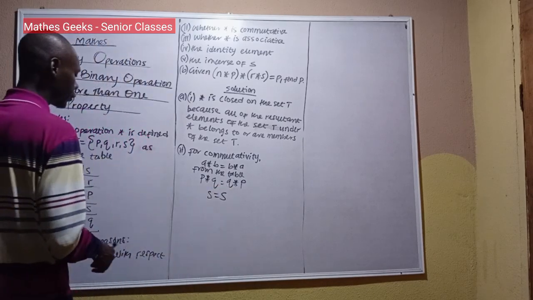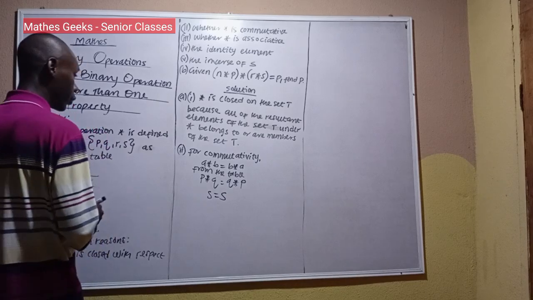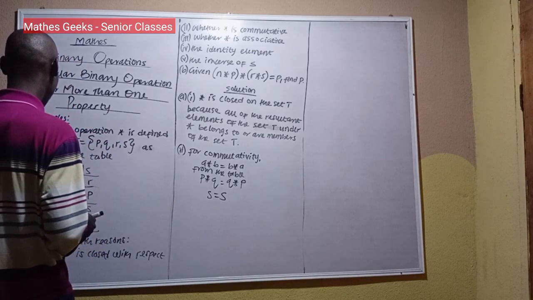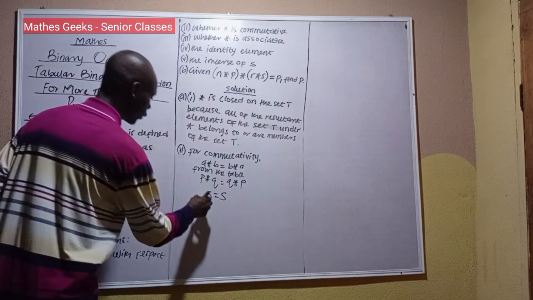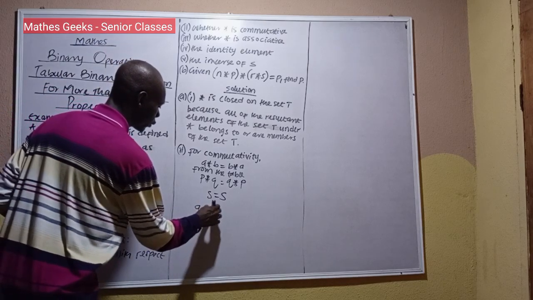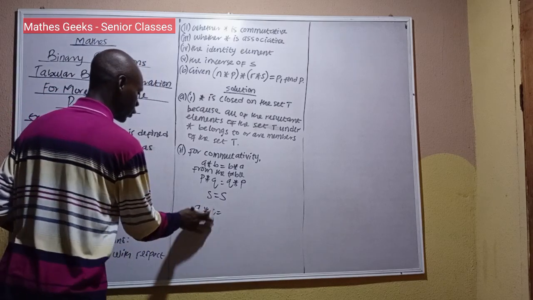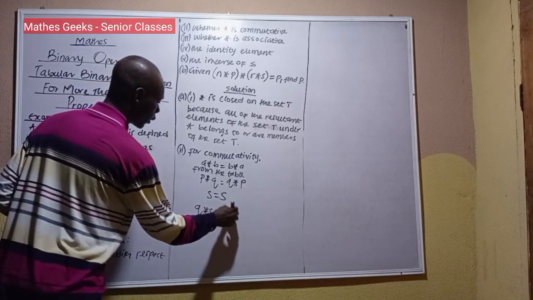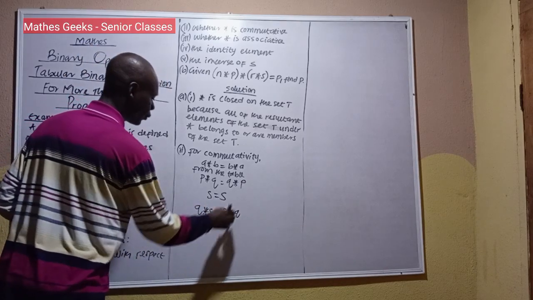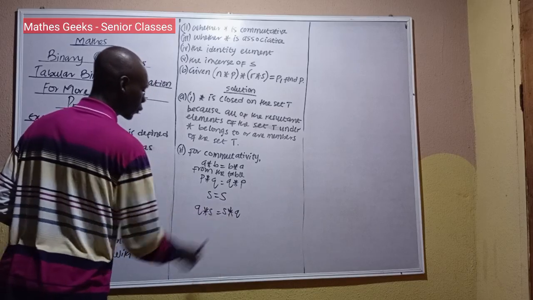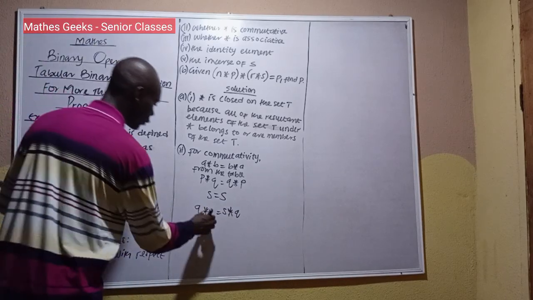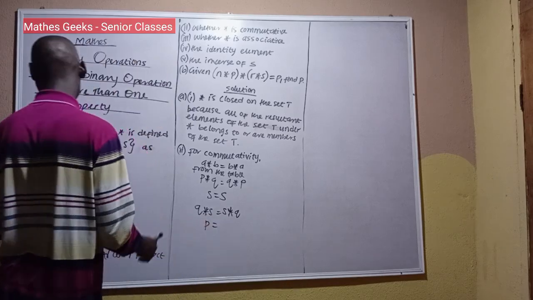So what do we see? Let's also take another operation. Let's say Q star S, and S star Q. Q star S is P. What about S star Q?